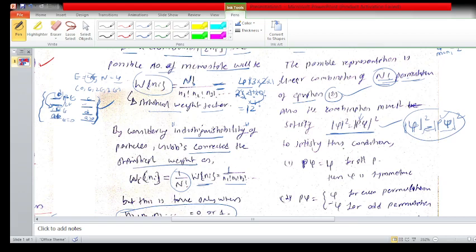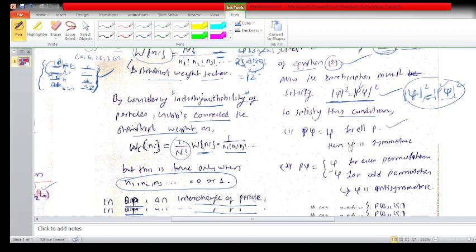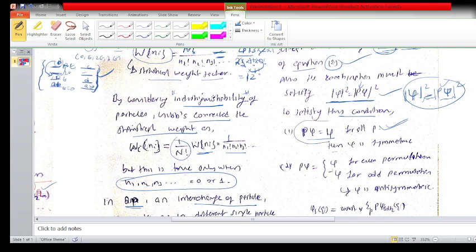Okay, to satisfy this condition, we have two criteria. First is P psi equal to psi for all values of P, which means for all permutation operations P psi should be equal to psi, and then psi is said to be symmetric.